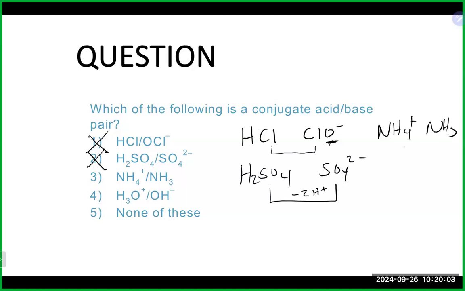The difference here is just 1 H plus. You can either take the H plus off of the NH4 and you'll end up with NH3, or put the H plus on the NH3 and you'll end up with NH4. So that is a winner there. And here we have H3O plus and OH minus. Are they partners?